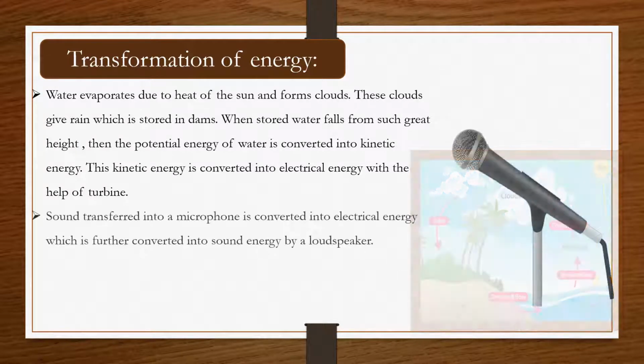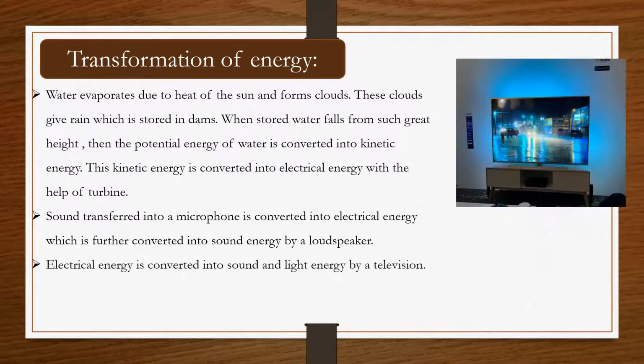And the other example is sound transferred into a microphone, which is converted into electrical energy, which is further converted into sound energy by a loudspeaker. Also, electrical energy is converted into sound and light energy by a television.